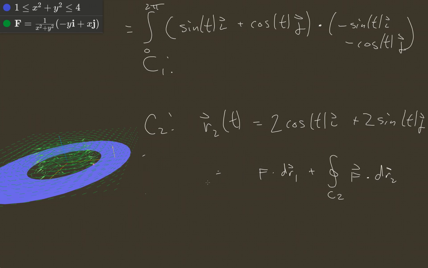Then this integral over C2. Now we need to multiply by 1 over x squared plus y squared, so that'll be 1 over 4.